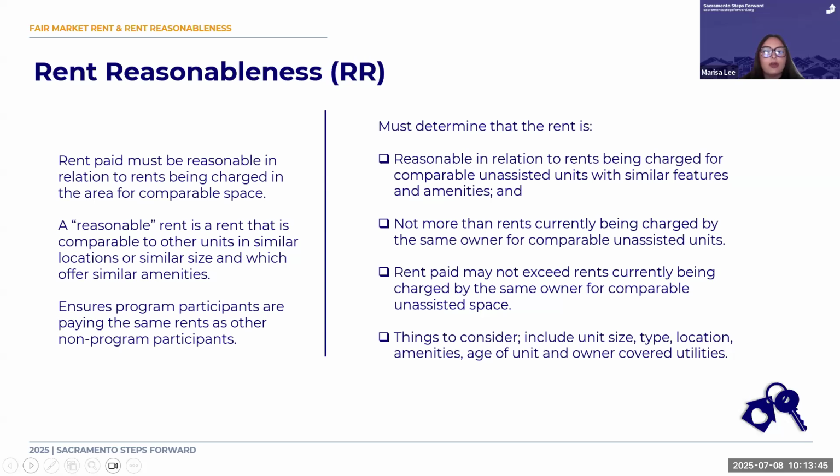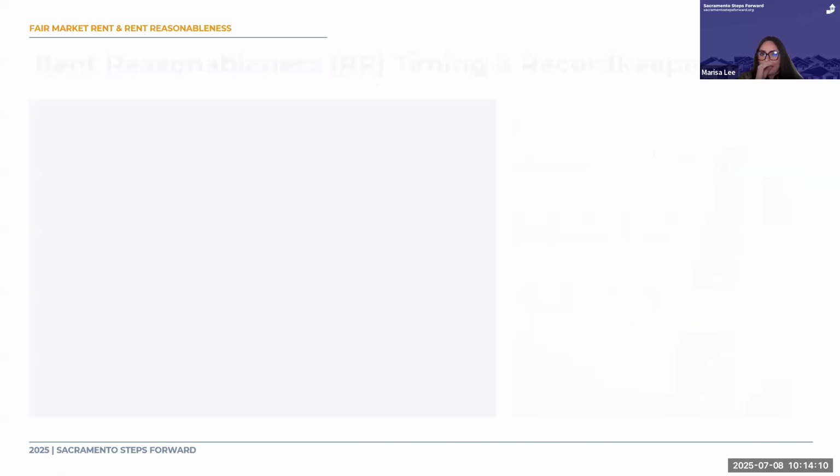The review must confirm that rent is reasonable compared to similar unassisted units, not more than what the same landlord charges others for similar units. And you'll also consider unit size, type, location, age, amenities, included utilities, and whether any housing services are built into the rent. Okay, next slide, please.